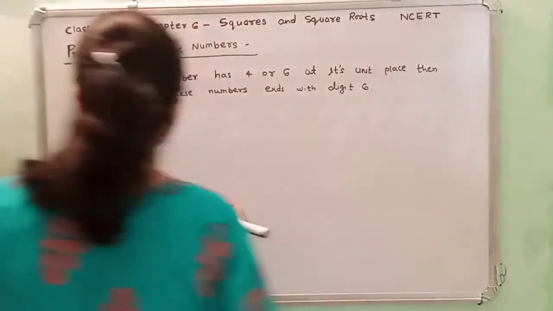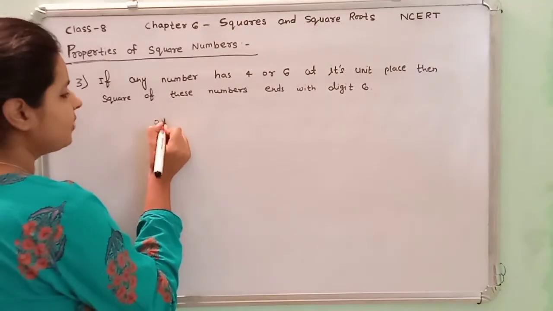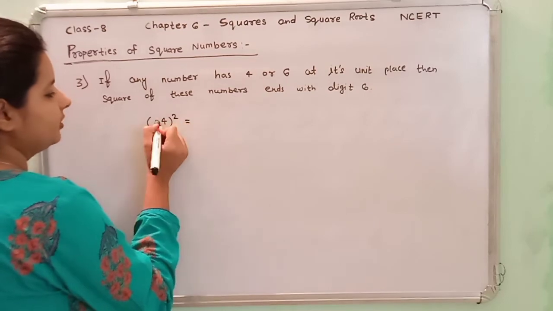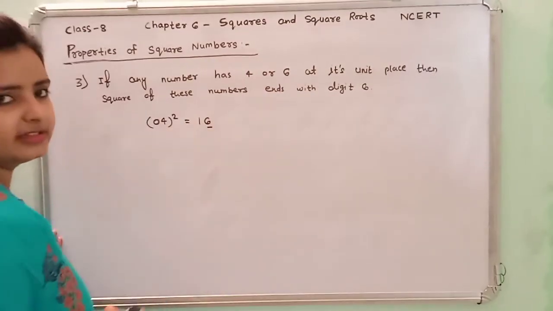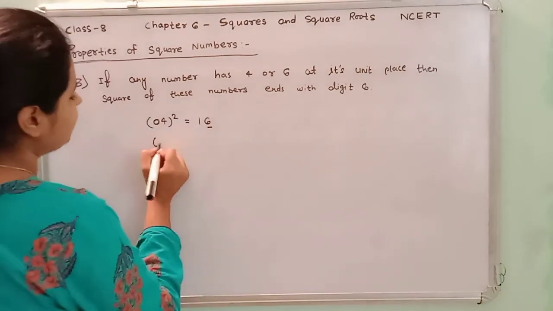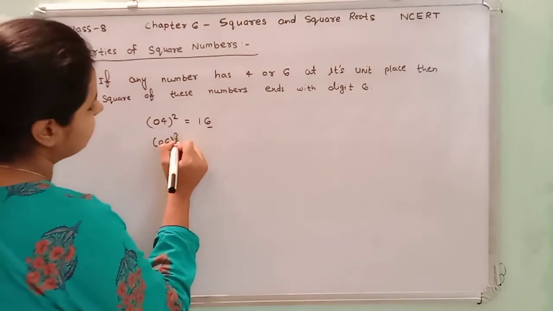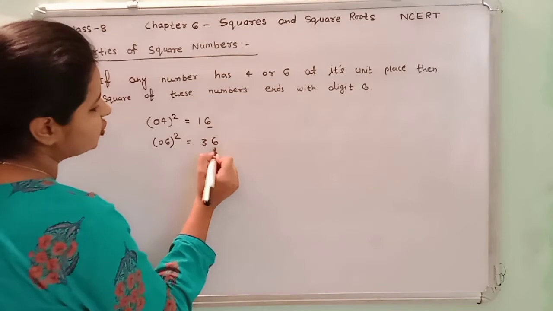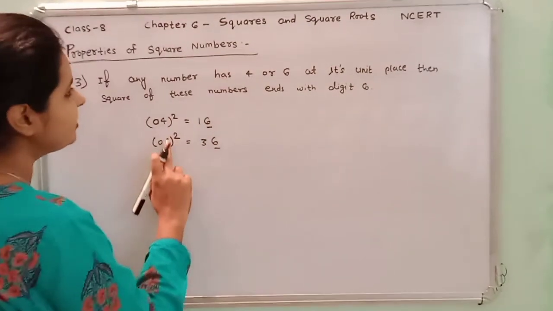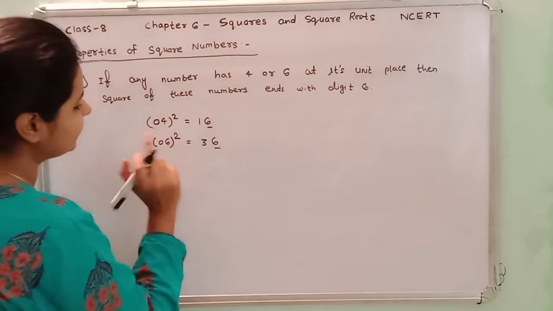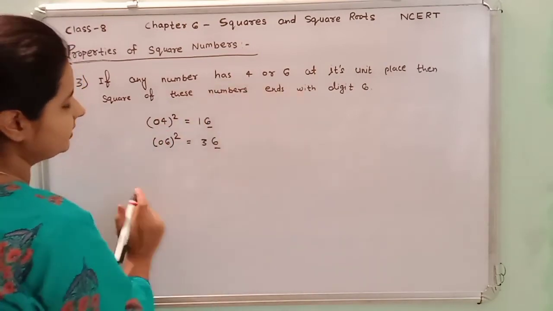So now see the examples. Square of 4 is 16. Square number ends with 6. Square of 6 is 36. Square number ends with 6. And the unit place numbers of these numbers are 4 and 6 according to this property.